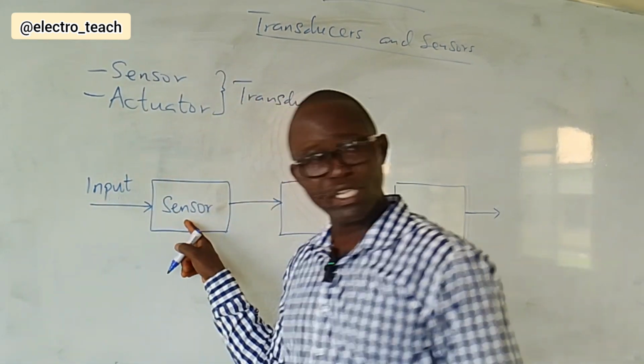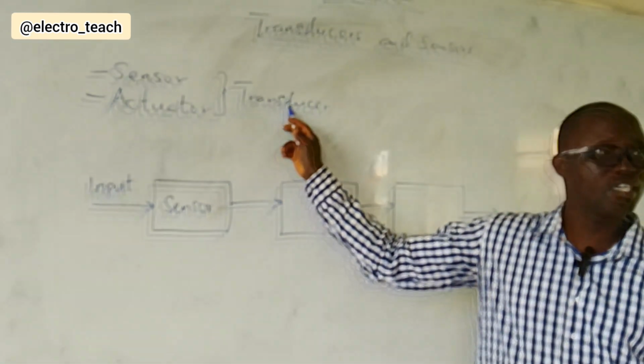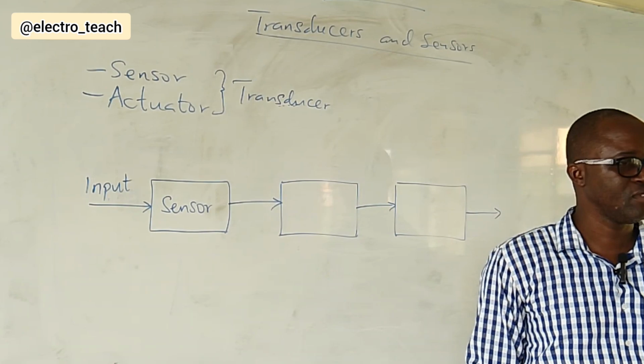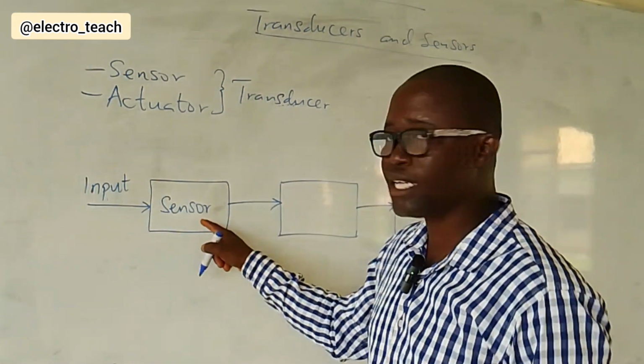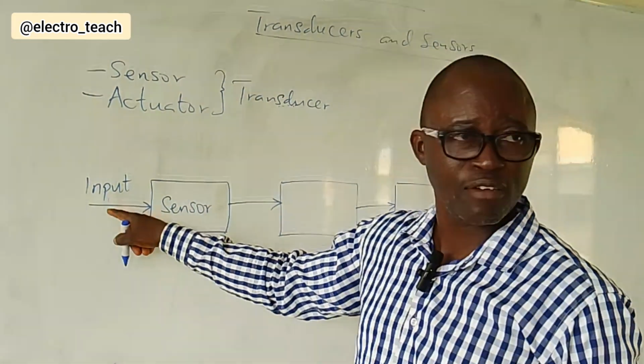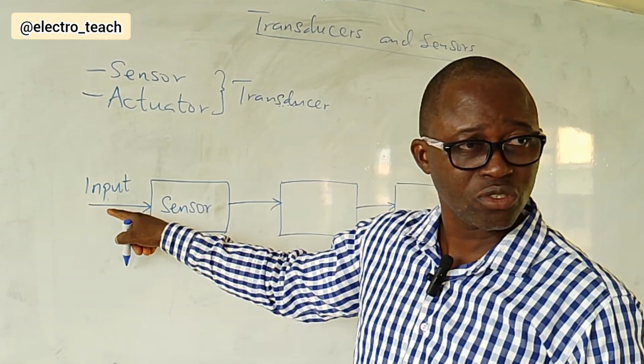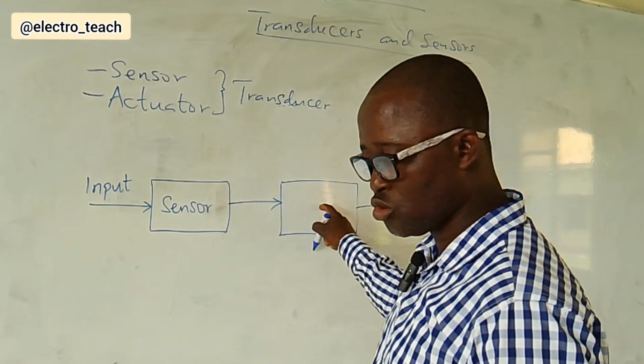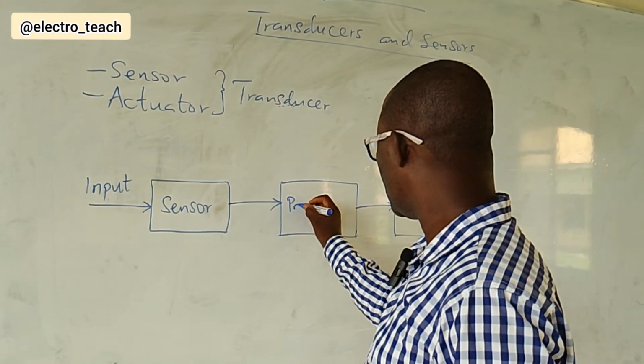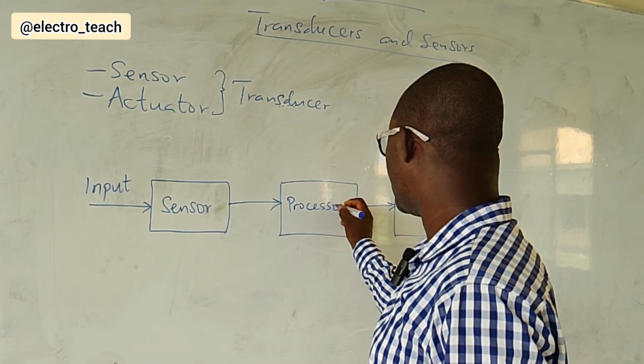And as you know, this sensor is nothing but what? It's a transducer. Now the sensor collects information from the inputs and then directs that information to the processor. The instrument system has a processor within it.